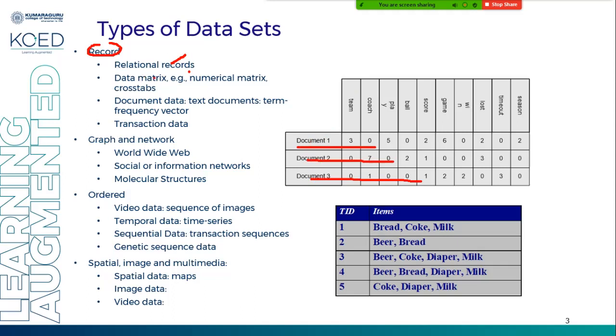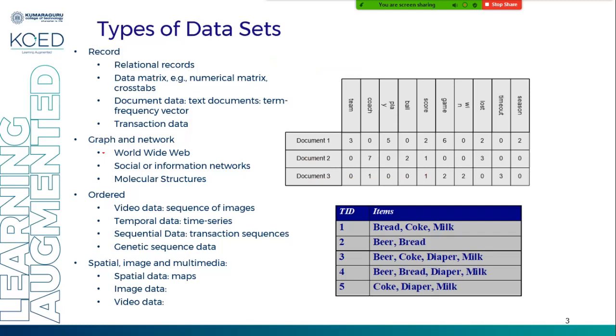A data matrix, numeric matrix, cross tabs, document data such as a text document, the term frequency vector, transaction data. Transaction data means, for example, in a bank, how many transactions are performed, from one customer to another customer. So this information is known as transaction data. These are all known as records.